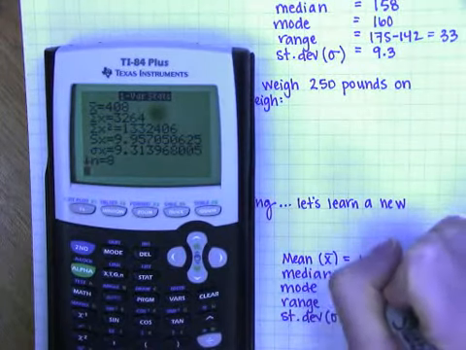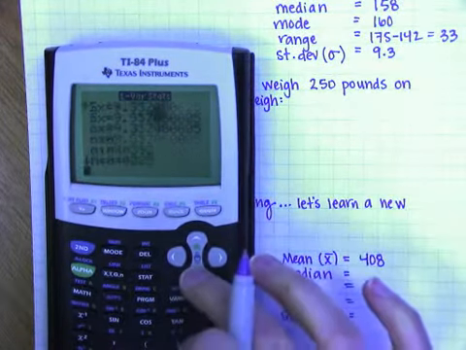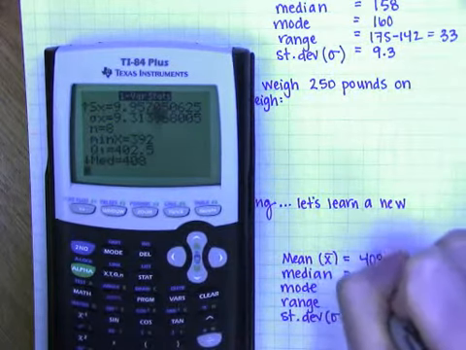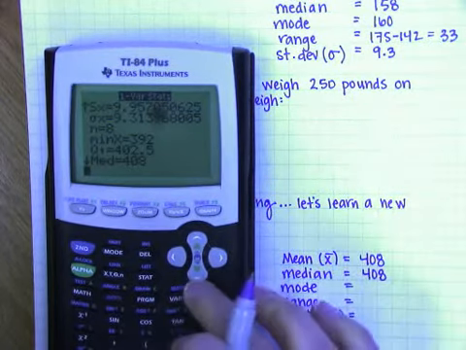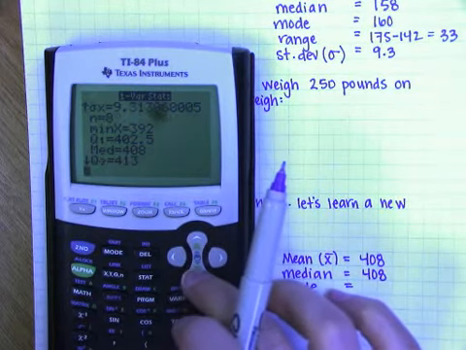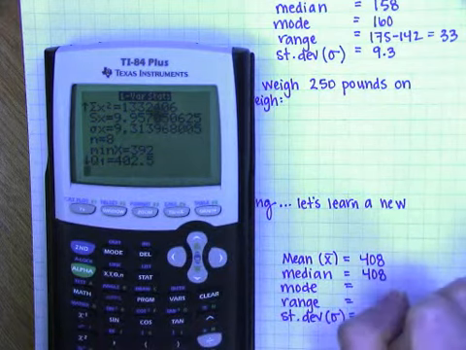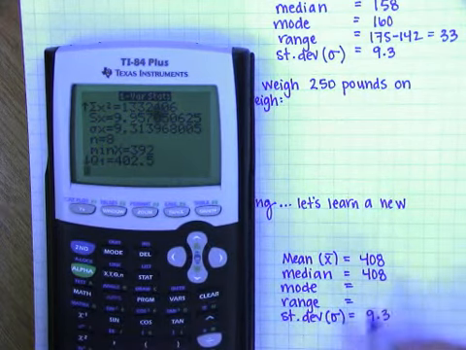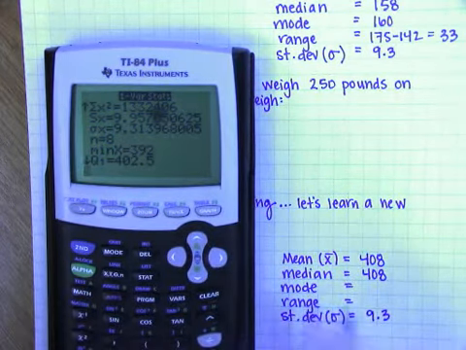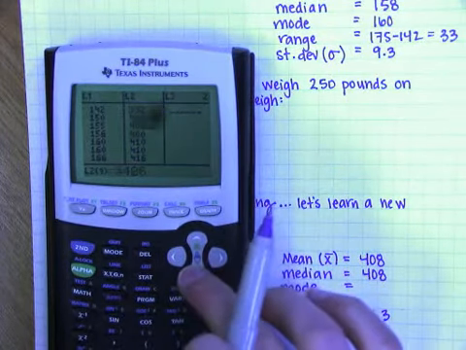So I can type in, let's see, 408 for the mean. The median is down below, so the median is also 408. The mode, I would have to get from my stat list. I'll go back to it in a second. The standard deviation I can get. That's 9.3. And then the range I'm going to have to get from my list. So I'm going to go back to stat, edit, and now I can use my list to find my mode.